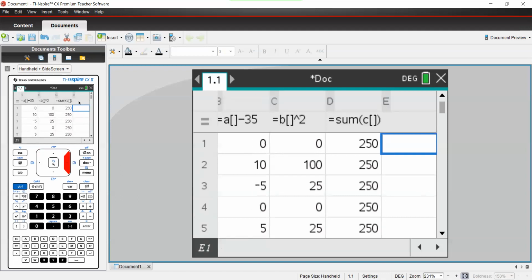Now we want to divide that number. I typed sum and then parentheses, and then I put the C in there. So we took that result, divide it by n minus 1, which in this case is 5. We get 50.